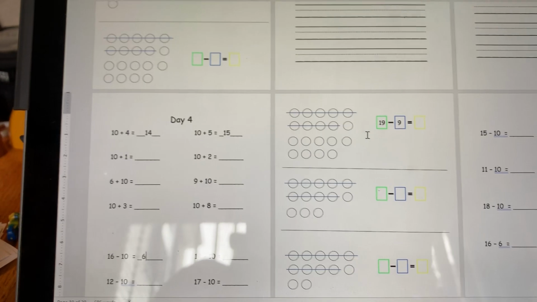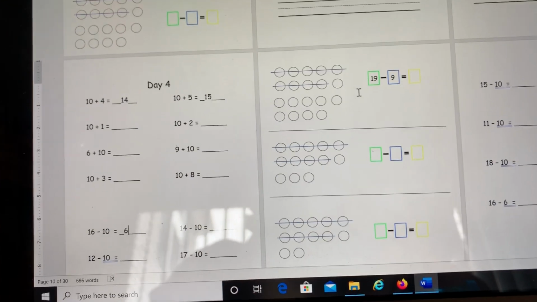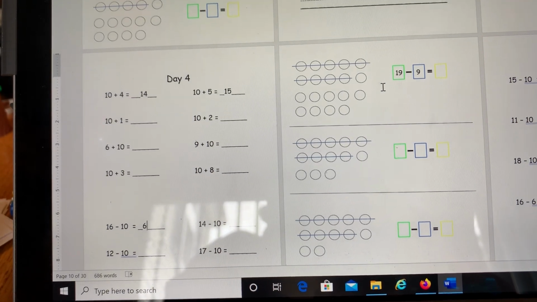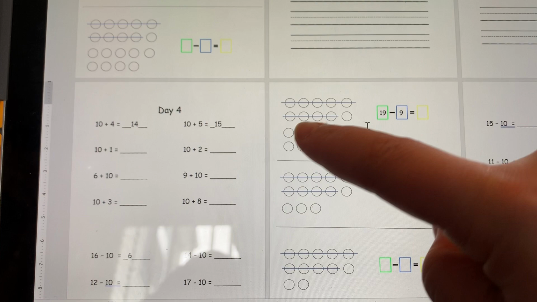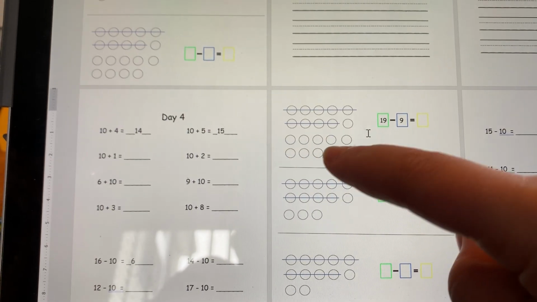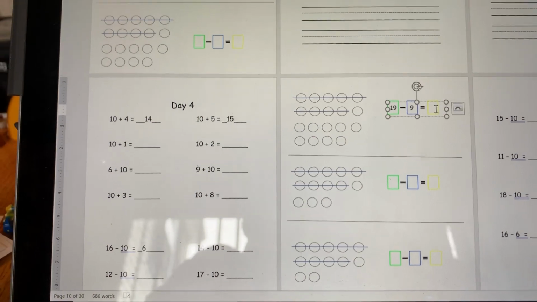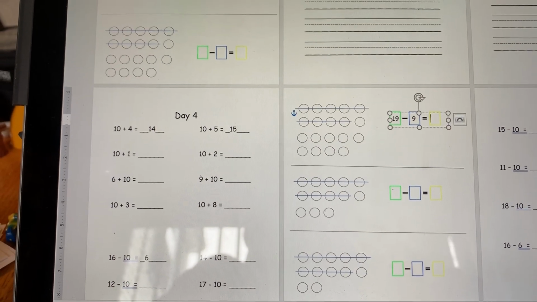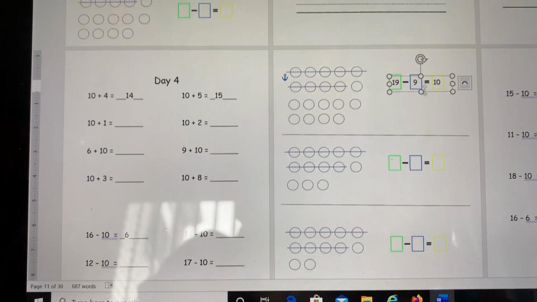How many are crossed off? They took away 9 circles. Now I'm going to count how many circles are left. And how many circles were left? 10. 10 circles are left.